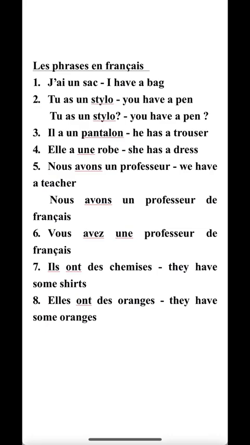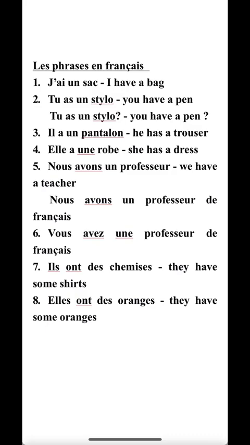Number five says, nous avons un professeur. Nous avons un professeur. We have a teacher. And we can also say, nous avons un professeur de français. That means we have a French teacher. Number 6 says, vous avez une professeur de français.